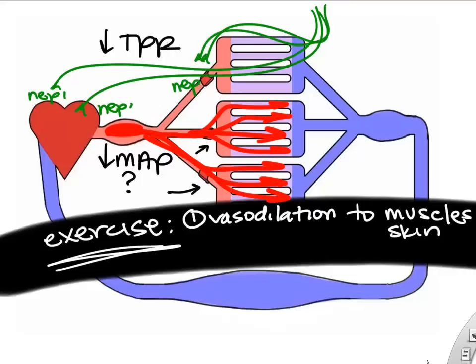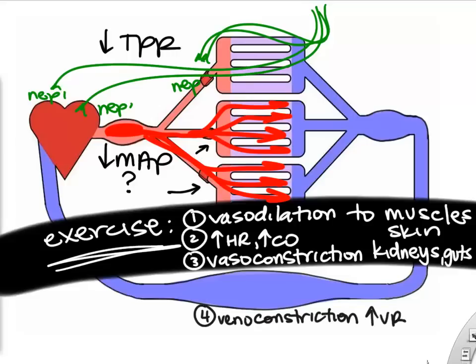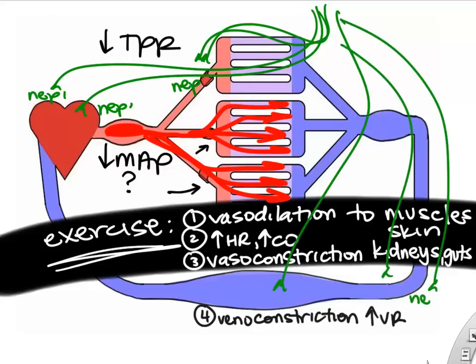But at the same time, when you exercise, your sympathetic nervous system stimulates your heart rate. It also stimulates stroke volume, so your cardiac output goes up a lot when you exercise. You also vasoconstrict your non-essential organs like kidneys and guts, and you also constrict your veins. And so this is going to help increase venous return and sort of adjust our TPR in our non-essential organs.